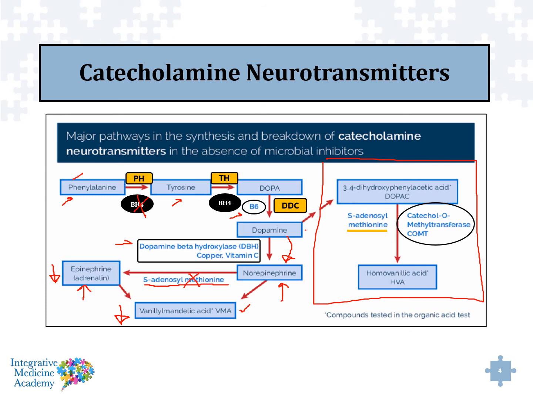Now, dopamine gets converted to norepinephrine through an enzyme called dopamine beta hydroxylase. And that enzyme requires copper and vitamin C to be active. There are various things that inhibit dopamine beta hydroxylase, including Clostridia bacterial toxins, for example, that get picked up on the organic acid test.